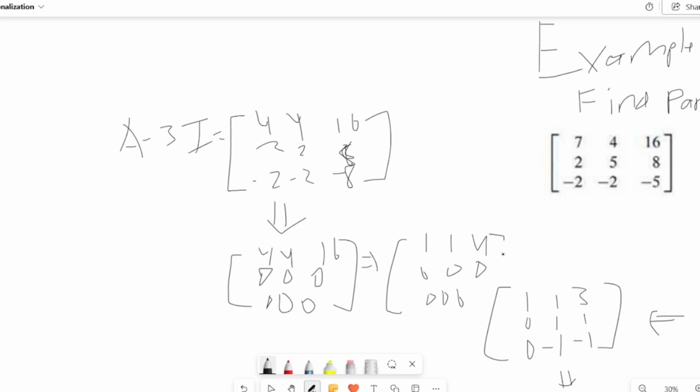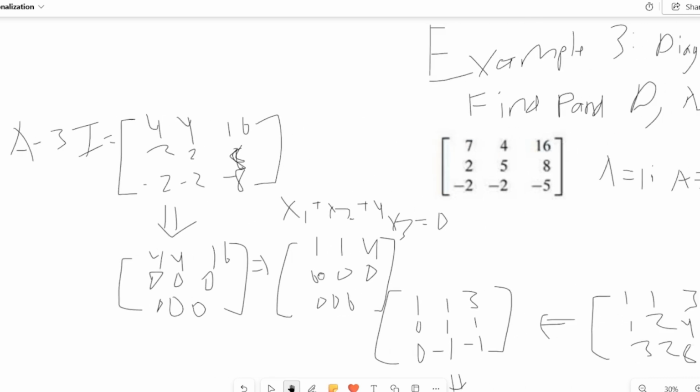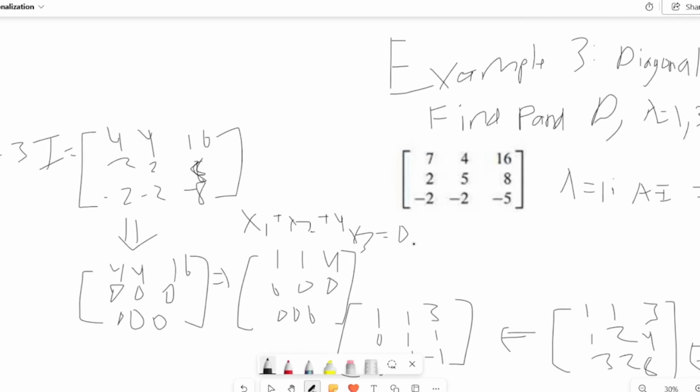So to find the null space of this matrix, we have an REF already, so we can express this as one equation: x1 plus x2 plus 4x3 equals 0. Ultimately we will get x1 equals negative x2 minus 4x3, and x2 and x3 are free.